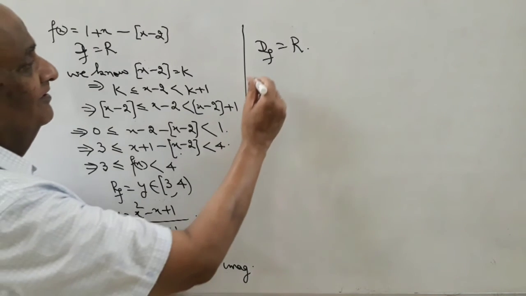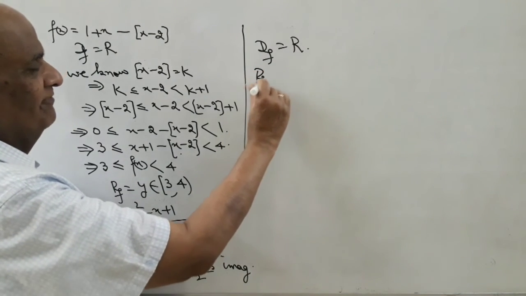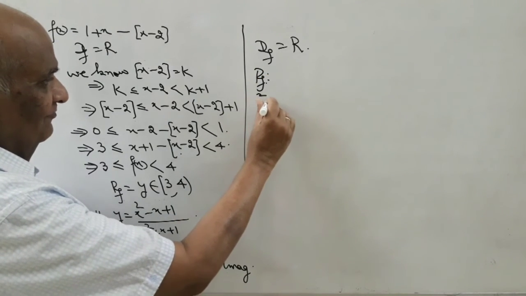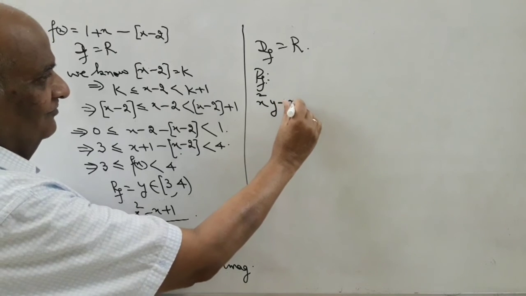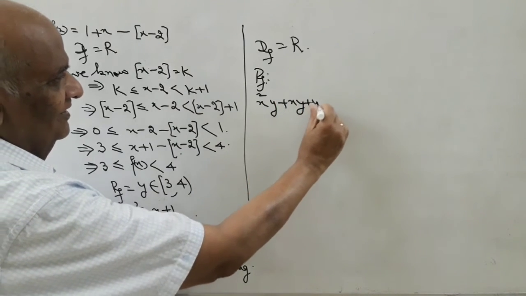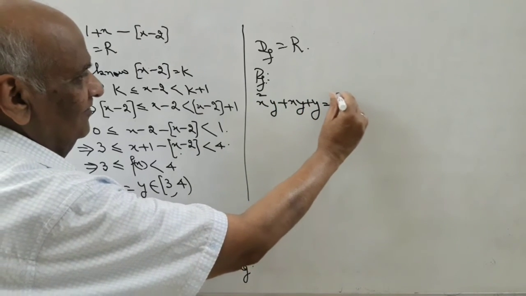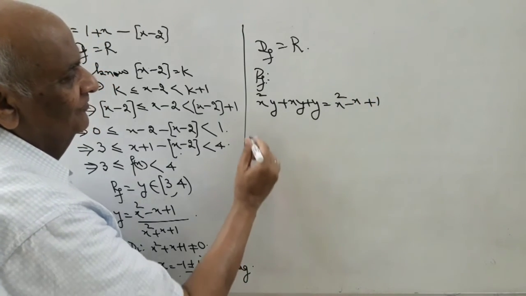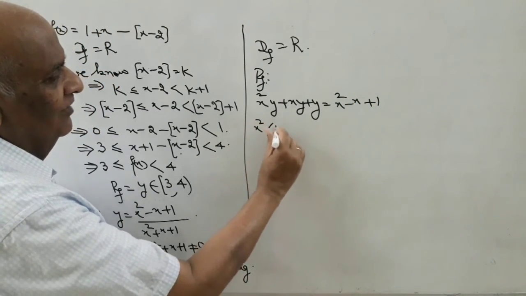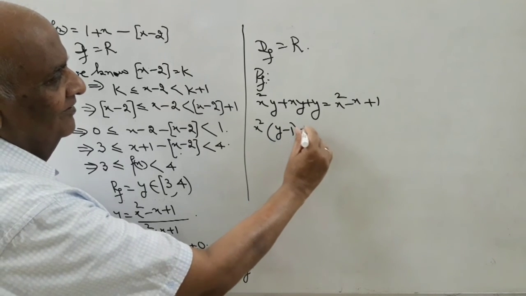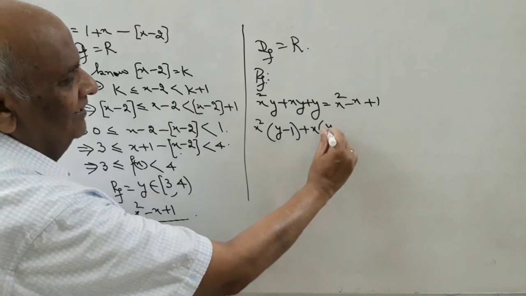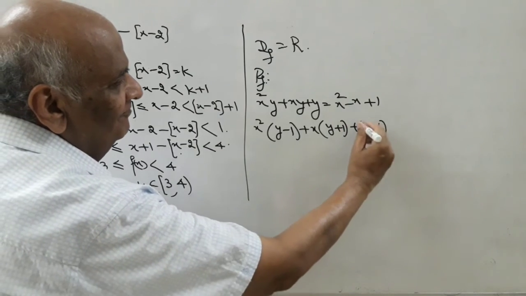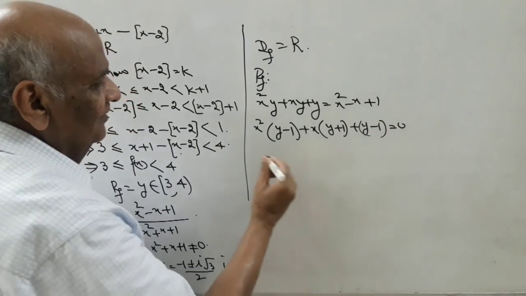Now for the range of the function. We have x²y + xy + y = x² − x + 1. So x²(y − 1) + x(y + 1) + (y − 1) = 0.